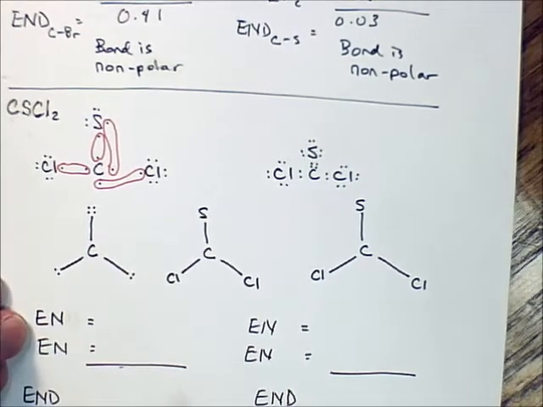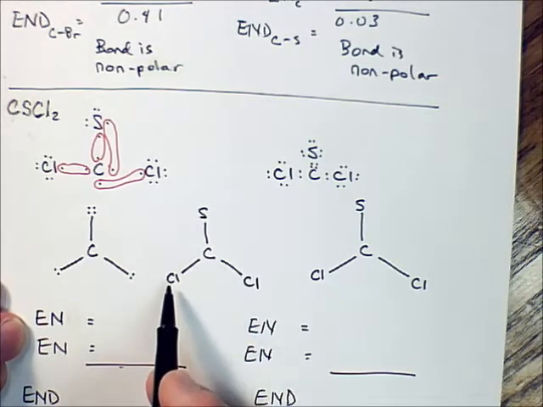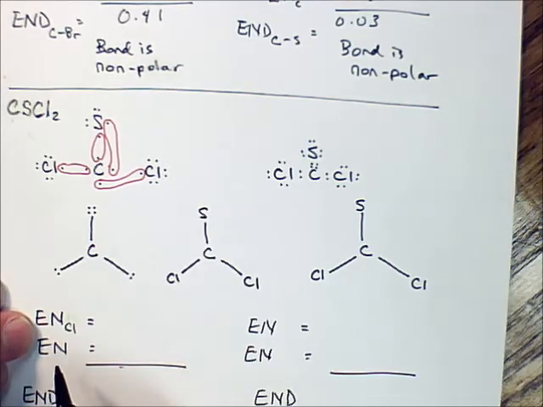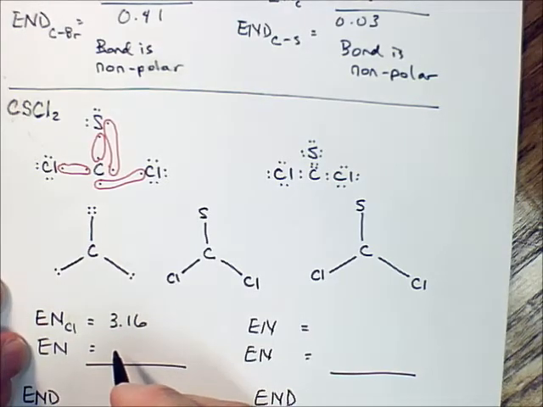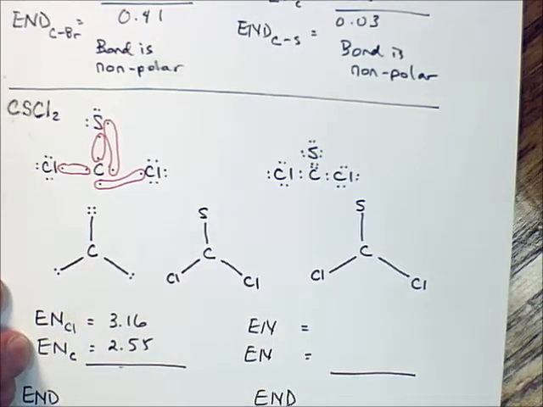So let's look at the carbon-chlorine bond. Chlorine has a larger electronegativity, so we're going to put it on top. Its electronegativity is 3.16, and carbon's electronegativity is 2.55.